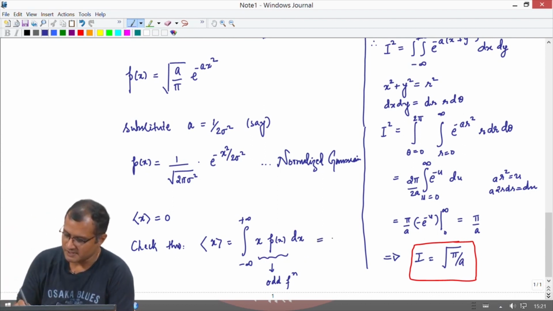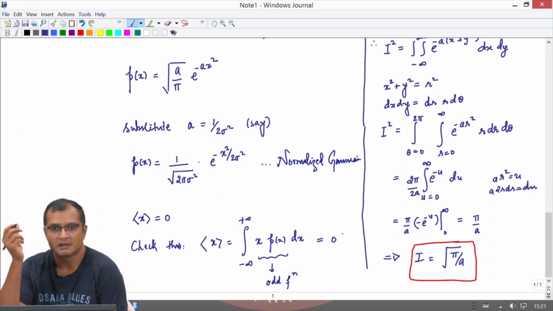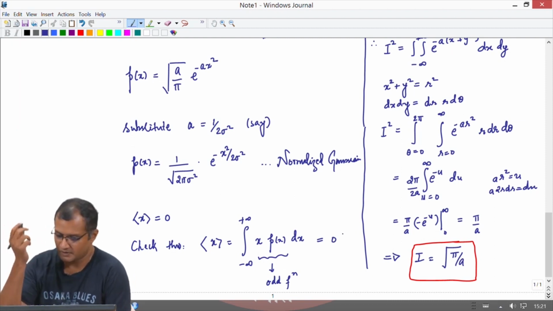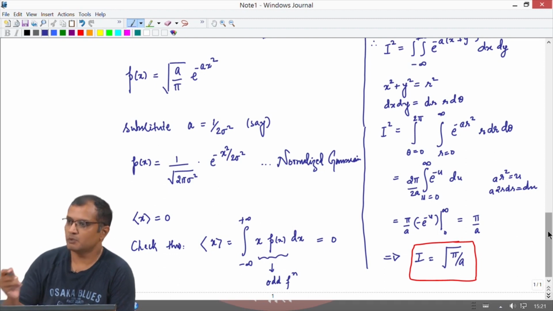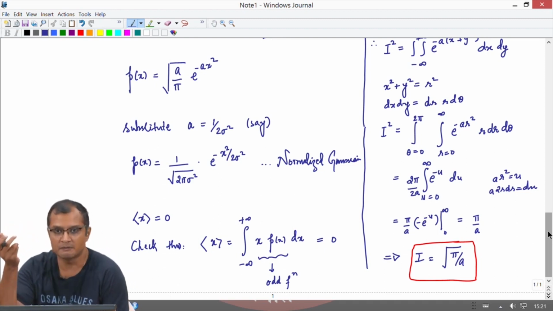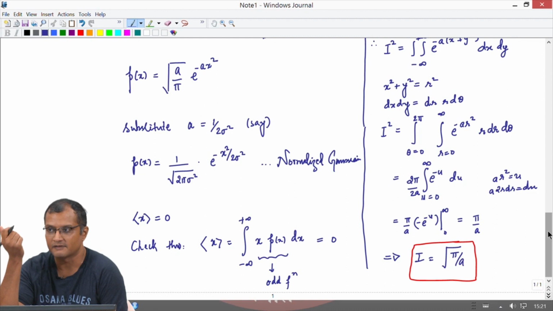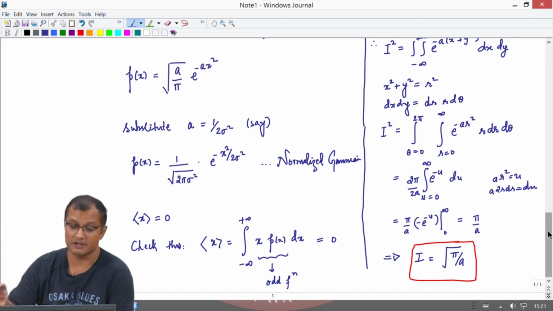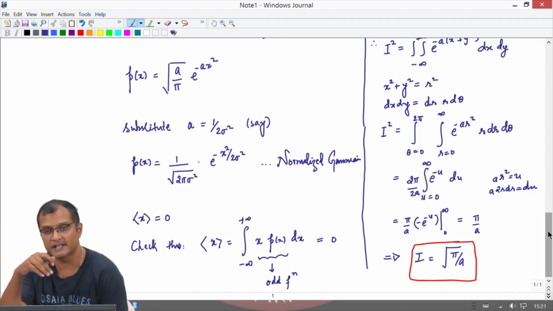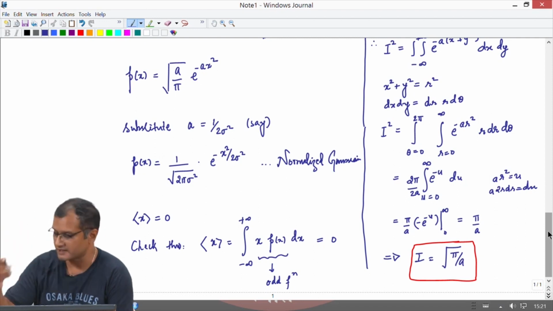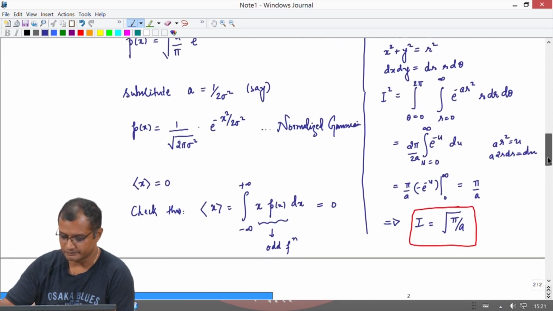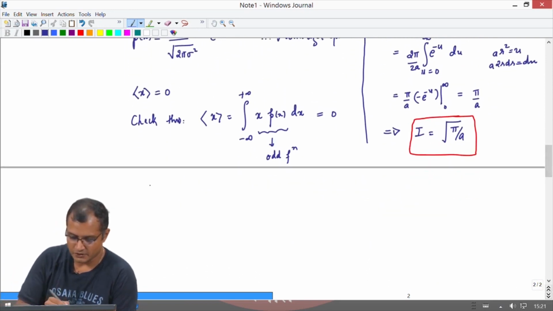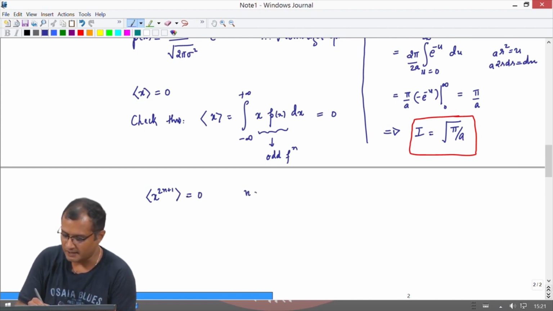So, it is not surprising that the average value of x is 0. In fact, all odd moments of x will become 0 because p of x is even by itself. Okay. So, you can write that x to the power 2n plus 1 will be 0 for any n.